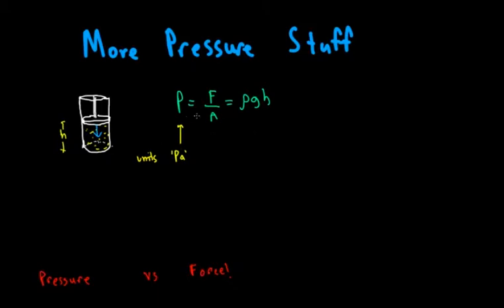So let's talk about these units real quick. A Pascal is defined as the unit of pressure, from the brilliant scientist Blaise Pascal, the same as these units. So density is going to be, let's do SI units, kilograms per meter cubed, times meters per second squared, times height.